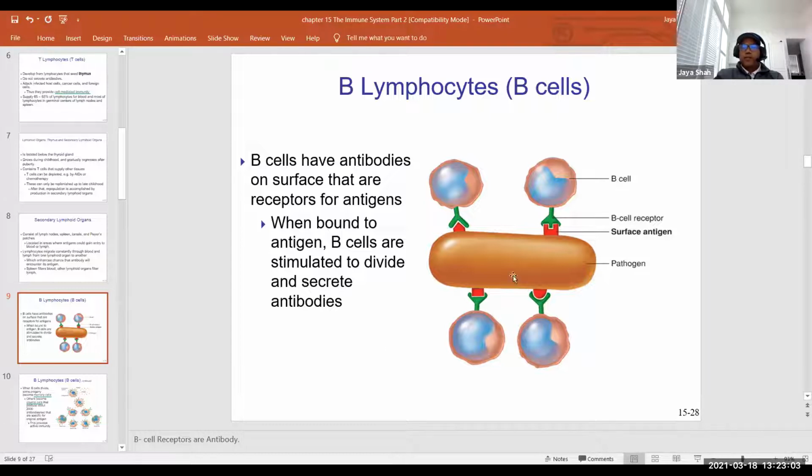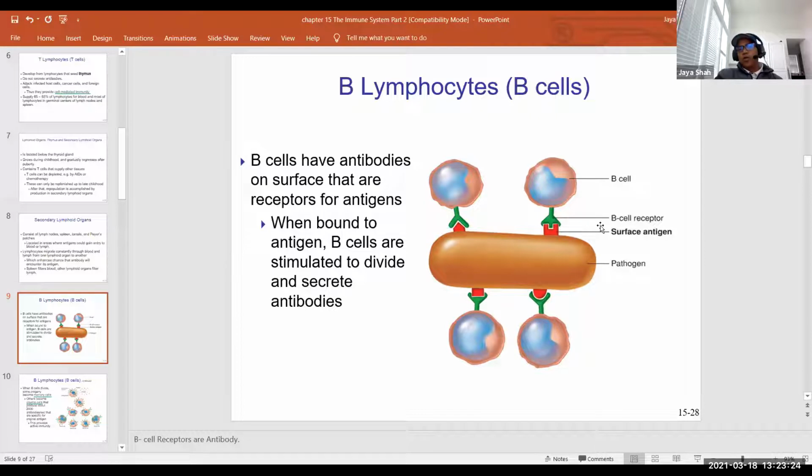Some of the receptors are antibodies, which can bind with the specific antigens. There is a complex mechanism in how the helper cell gets activated, which helps the B cell to recognize this same antigen.